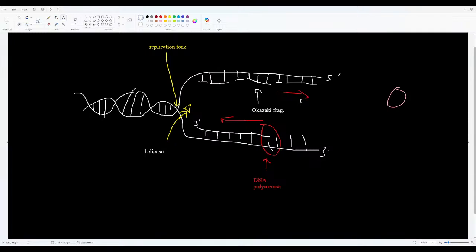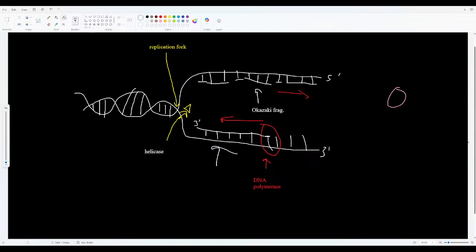Some Japanese biologist named Okazaki discovered these fragmented DNA pieces during the S phase of the cell cycle, and discovered that there is a discrepancy between the two strands.